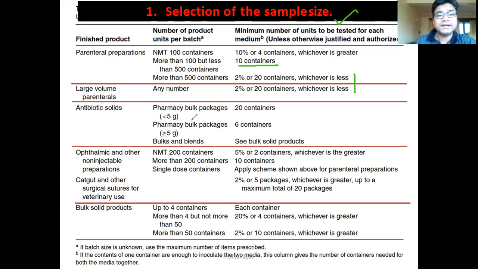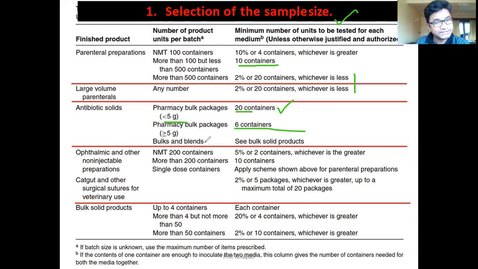See, bulk containers less than 5 grams. Bulk package, the total content of the drug 5 grams, you can take 20 containers. Greater than 5 grams, you can take 20 containers. Less than 5 grams, you can take 6 containers.